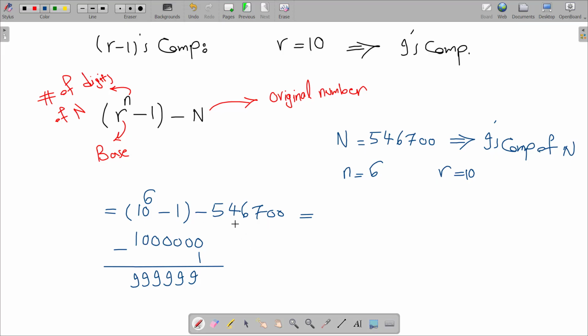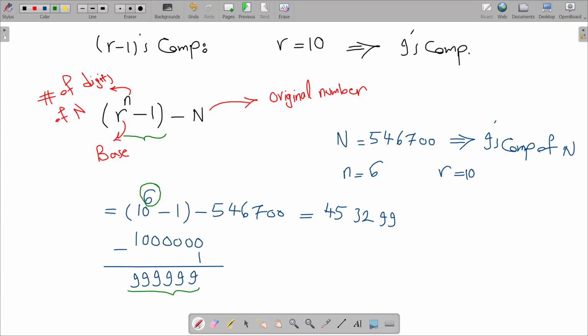If you do this subtraction, you can find the 9's complement of the number. Generally, I can say that according to the number of the lowercase n, write the 9's.